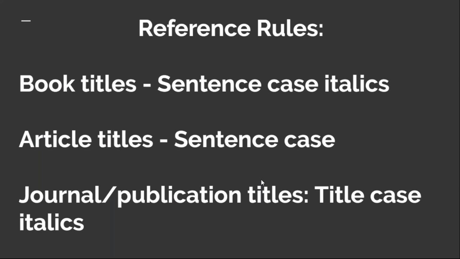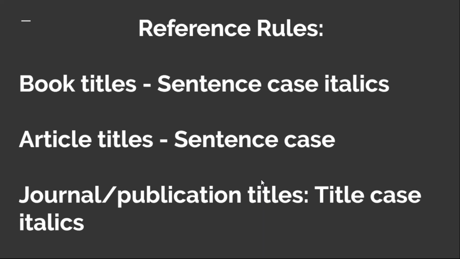All right, so the general rules for the reference page are that book titles are sentence case and italicized. What I mean by sentence case is that you would write it out just like you would a sentence. So normally when you write titles, you think, I will capitalize every major word in this title.